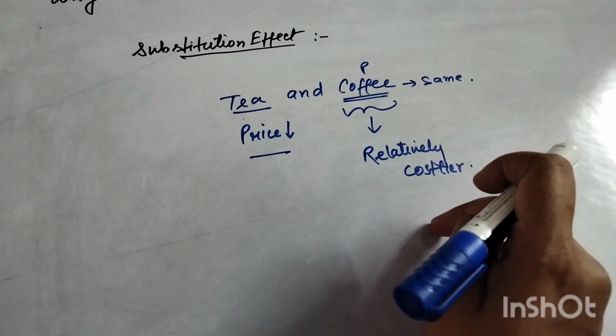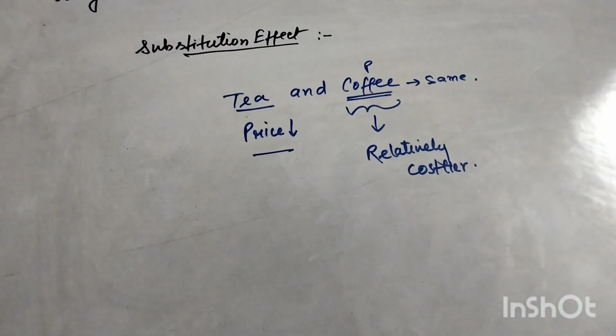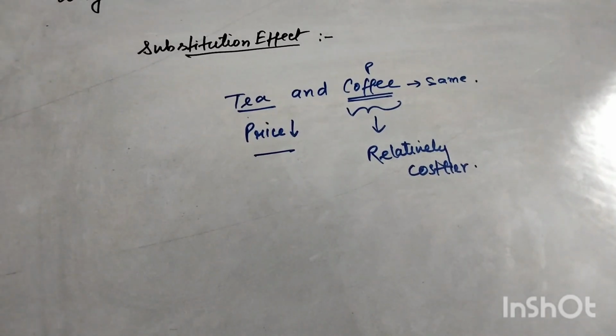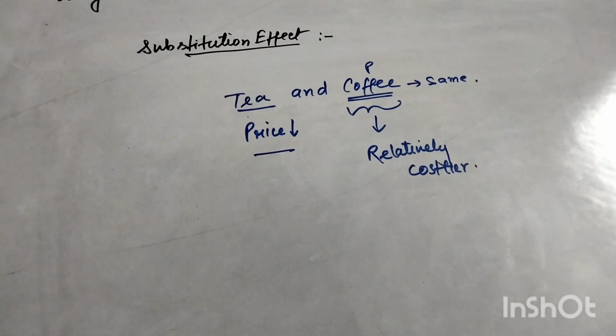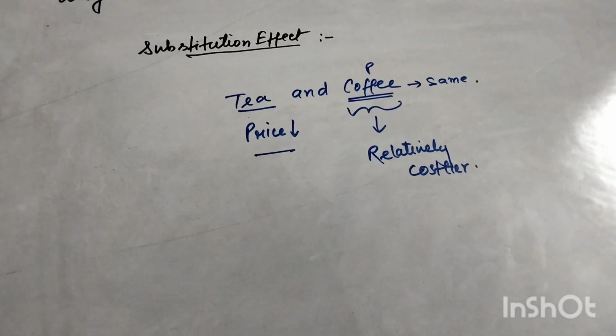So the price of coffee has become relatively costlier. So this is the substitution effect. In that case, the demand for tea will definitely increase and the demand for coffee will fall. We will not have coffee, but we will have tea. So this is one of the reasons why the demand curve slopes downward.